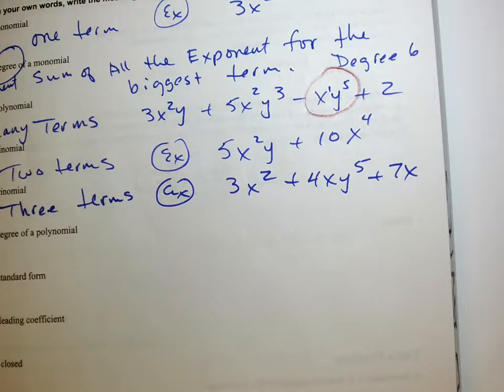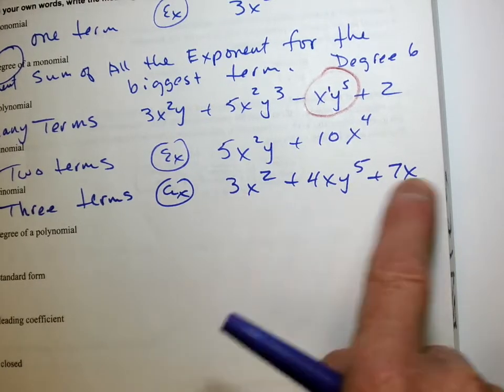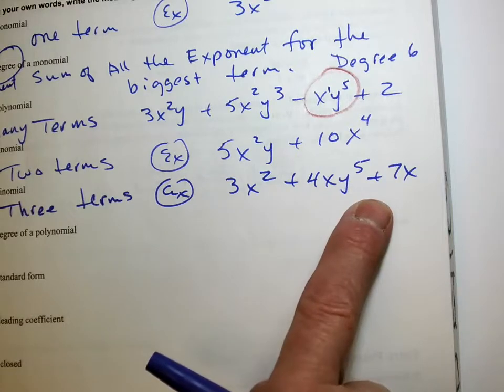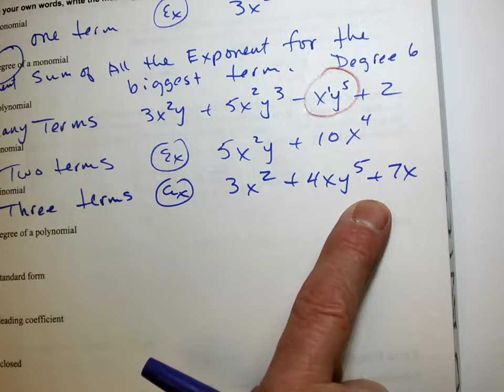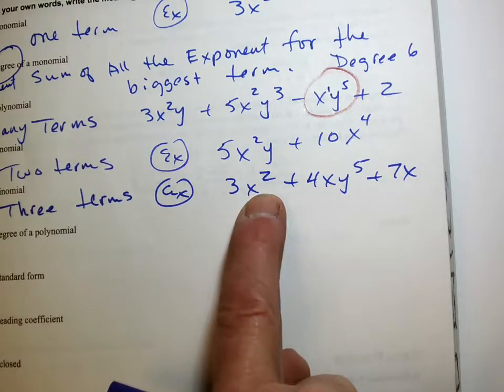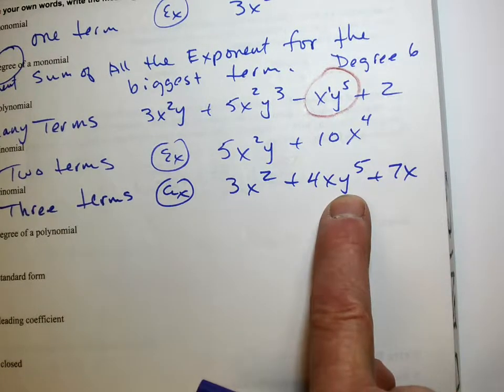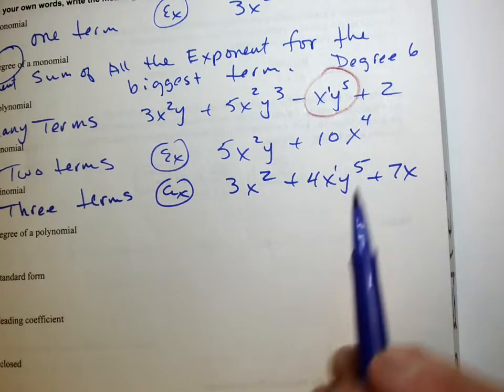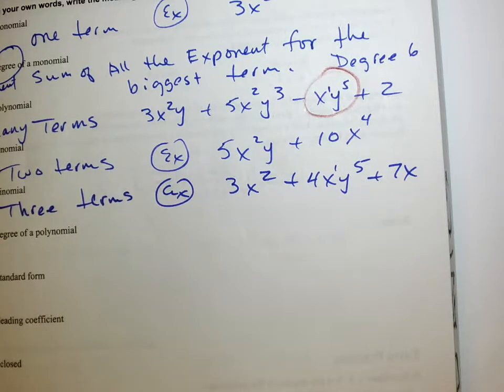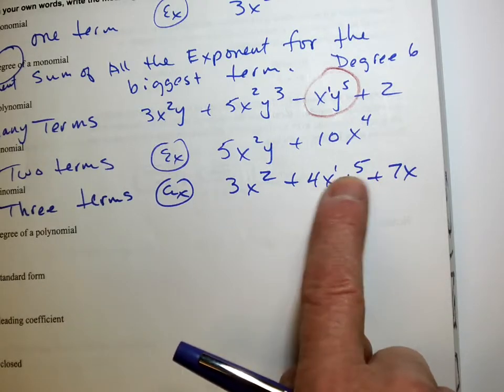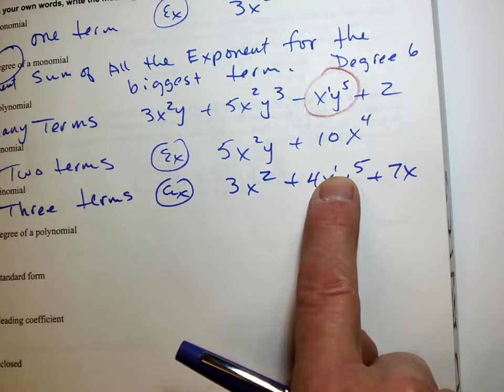What's the degree of this trinomial? 6. This is 2, this is 1, and this is 6 because of the 1 right here. Nice job. You guys getting it? It's the biggest exponent.